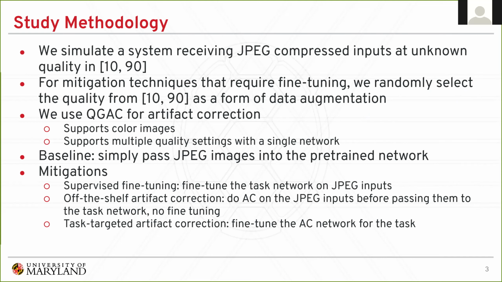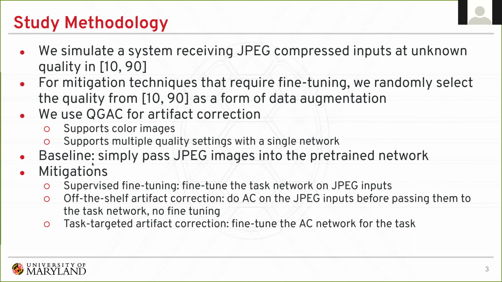So if we were using the prior works, we'd have to train a new model for every one of these 10 to 90, in steps of 10. So for every model, for every mitigation, for every JPEG quality setting, we'd have a new artifact correction model. QGAC lets us avoid that. It was really impractical to conduct this study until models like QGAC started to be developed.